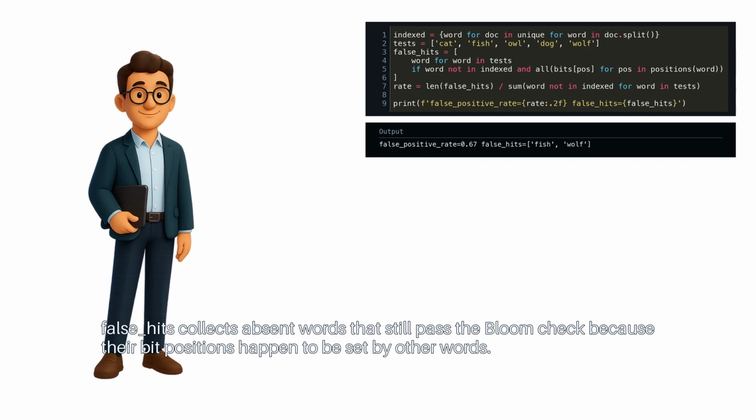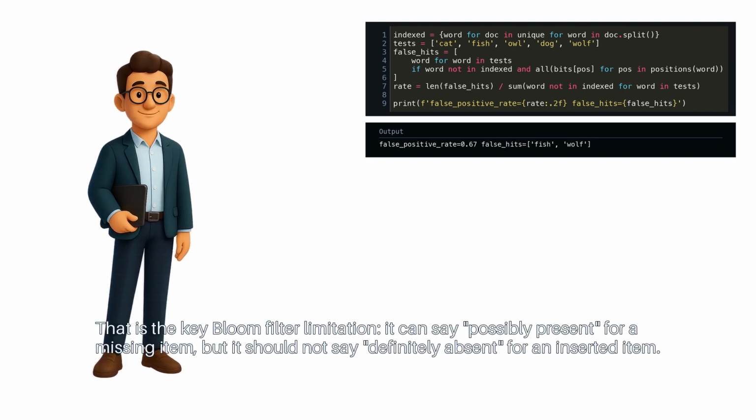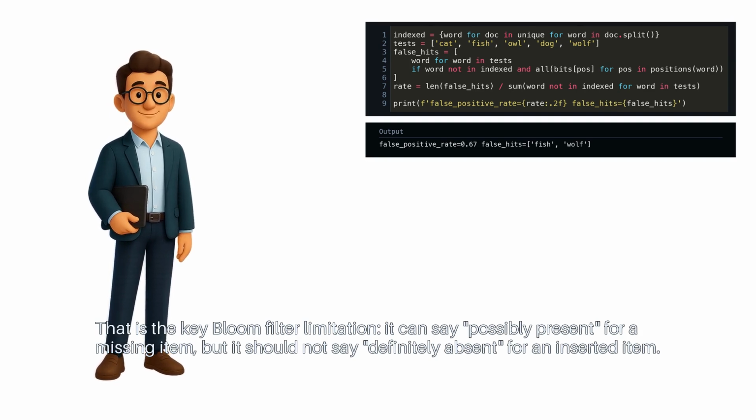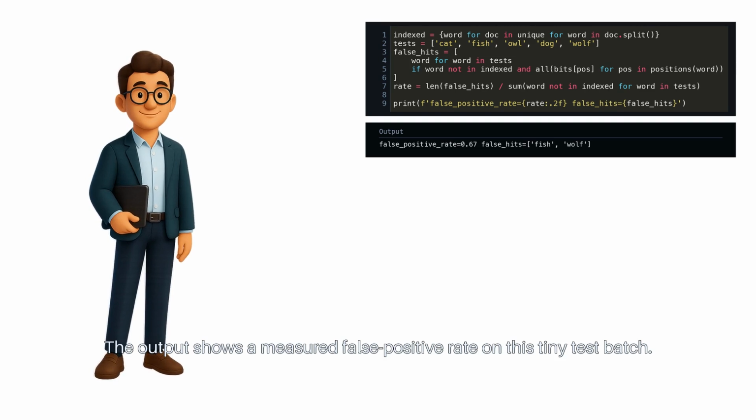False hits collects absent words that still pass the Bloom check because their bit positions happen to be set by other words. That is the key Bloom filter limitation. It can say possibly present for a missing item, but it should not say definitely absent for an inserted item. The output shows a measured false positive rate on this tiny test batch.